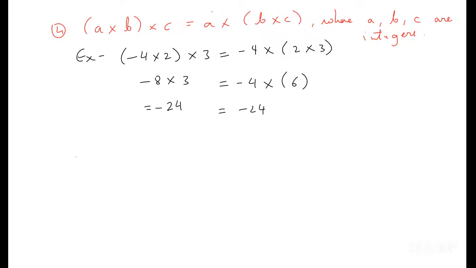Next property. When we are multiplying any integer with 1, or when we are multiplying 1 with an integer, the answer will always be that integer itself.